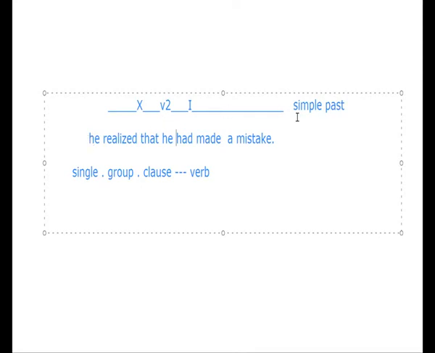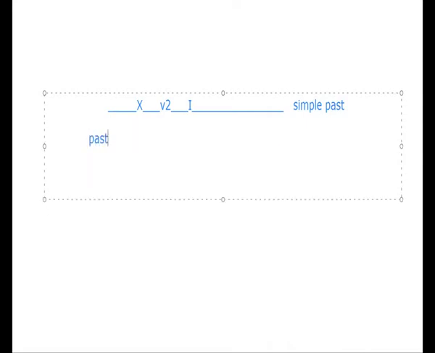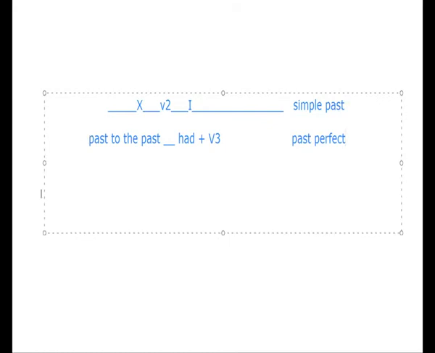So what we have done, let me put a statement: past to the past is had plus V3. And this is called grammatically past perfect. Right? Then look at this, guys.